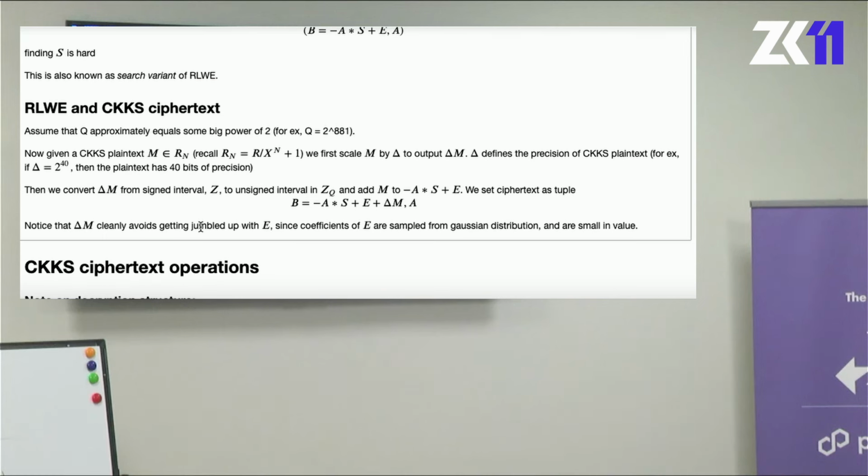So we scale it so that it does not get jumbled up with the bits of E. Now this delta is big, like 2 power 40, 2 power 50, 2 power 60. It has to be big, just to avoid getting jumbled up with E. But okay, fine, what I can do is try to give you a better intuition of why we want to scale it.